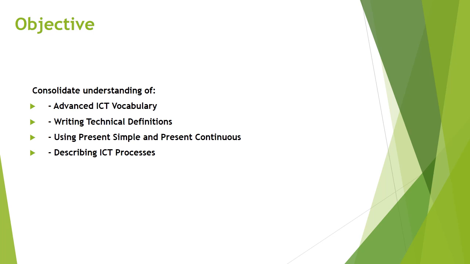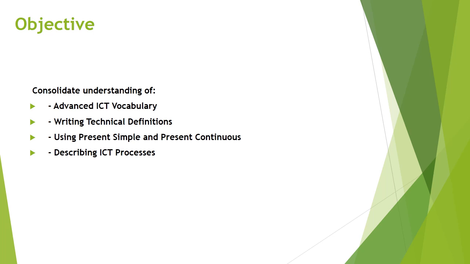Of course, these are separate lessons, but believe me, each one of these lessons is related to another. For example, we cannot write a technical definition if we don't have the appropriate ICT vocabulary. When we say ICT vocabulary, we mean the ICT related words.